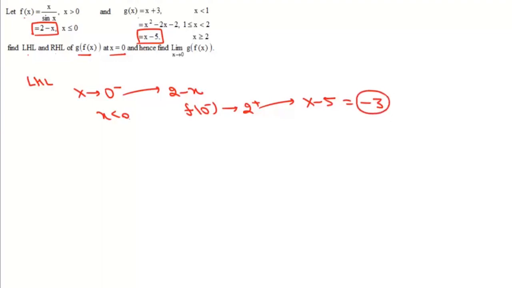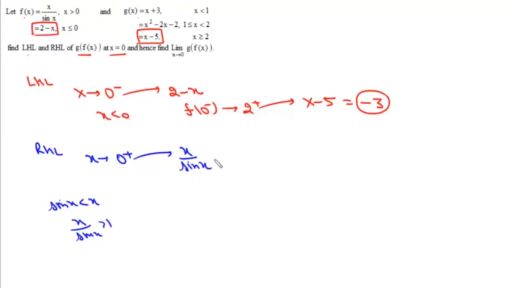Now if we look at its right hand limit, which is x tends to 0 positive, when x is greater than 0, it will go to x upon sin x. Now we know that sin x is less than x, that means x upon sin x is greater than 1.